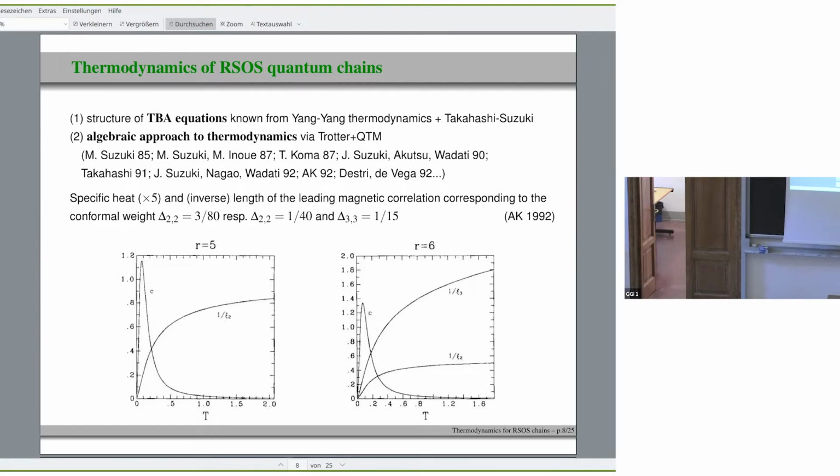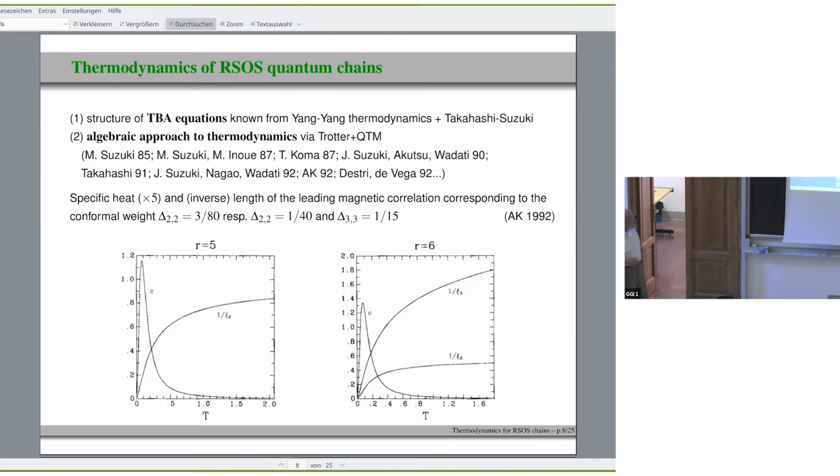And here I've shown the thermodynamics of the Hamiltonians for the RSOS quantum spin chains with parameters r equal 5 and 6. So this, I think I never showed it before in talks. The data are old. Specific heat is shown here with a maximum, and then it tails off to 0. At low temperatures, it's linear.